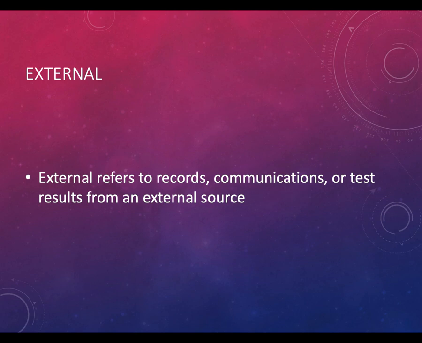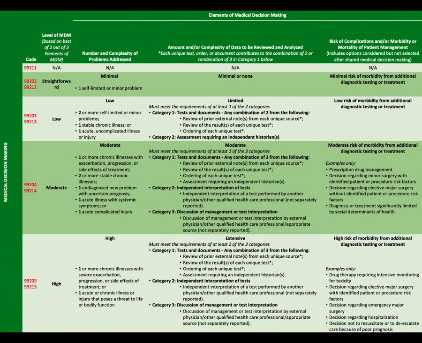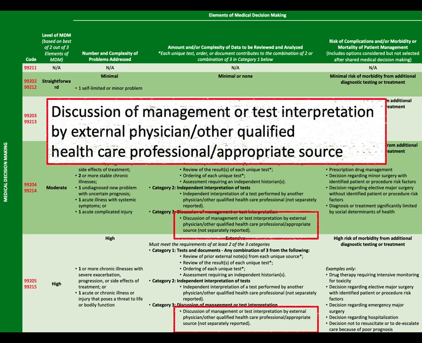I'll get to the definition next of external physician or other qualified healthcare professional. External physician or other qualified healthcare professional is also used in another criterion: discussion of management or test interpretation by external physician or other qualified healthcare professional / appropriate source.